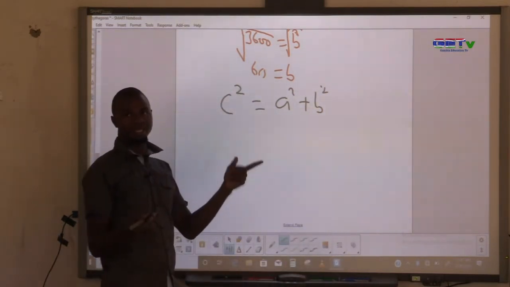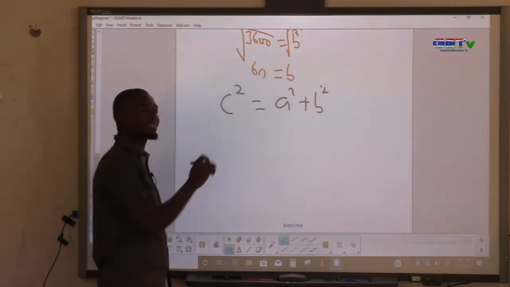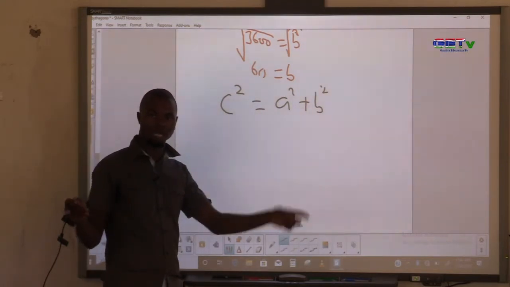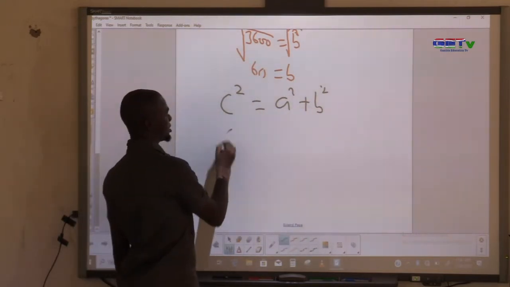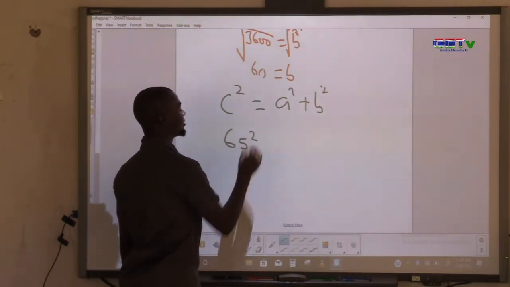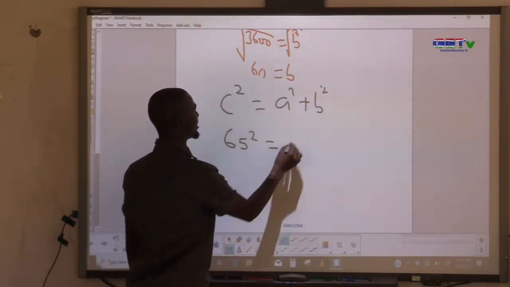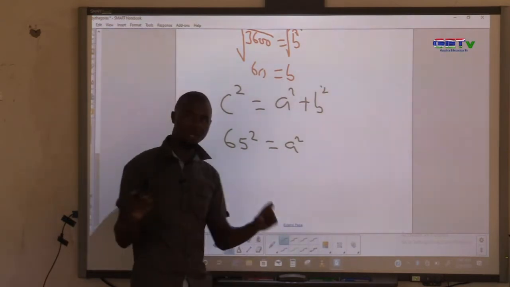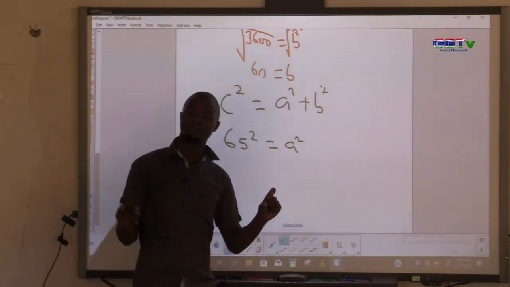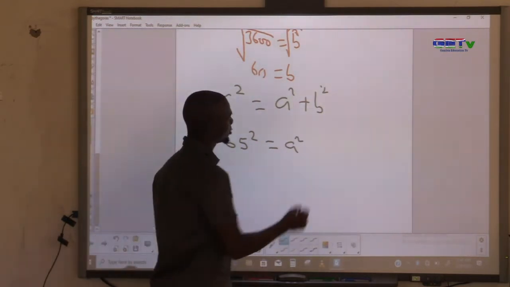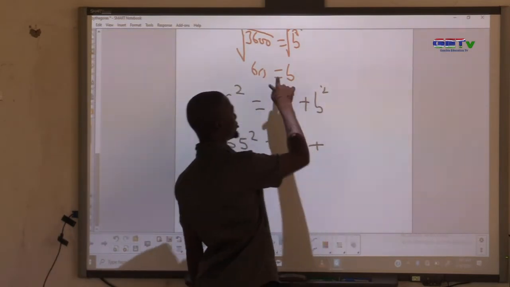We get the C, that is the longest side of the right angle triangle. We know C is 65, so 65 square is equals to A square, where A is 11 plus x, plus B square, what we found before.